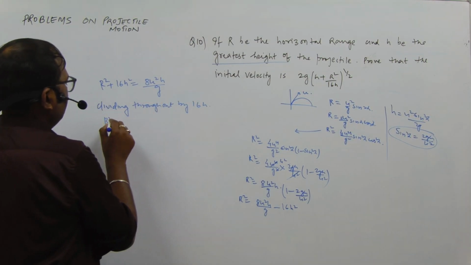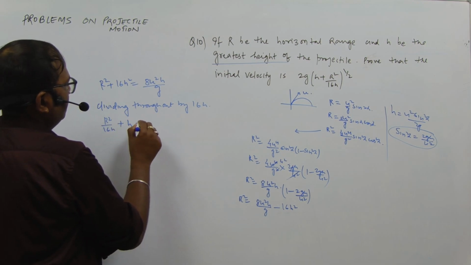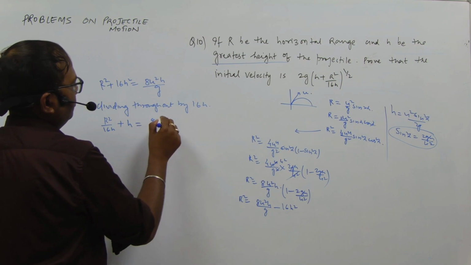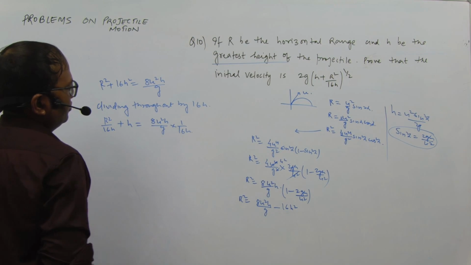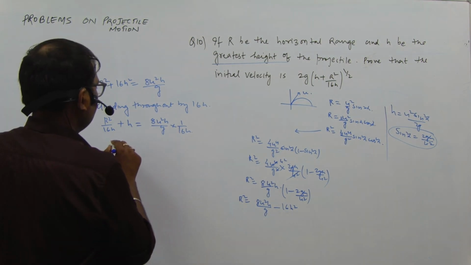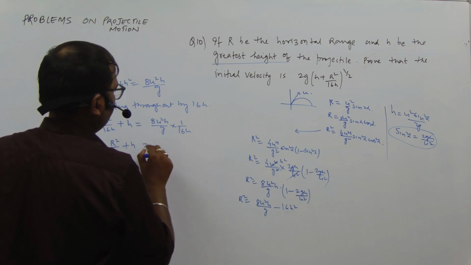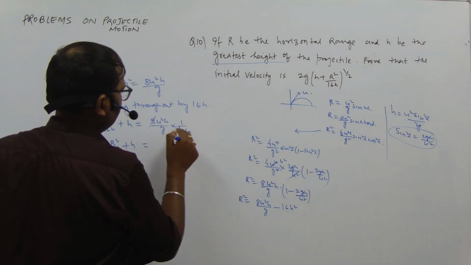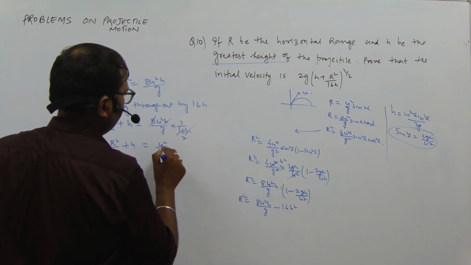So R square upon 16h plus h is equal to 8u square h upon g into 1 upon 16h. This gets cancelled, this is 2, so u square upon 2g.